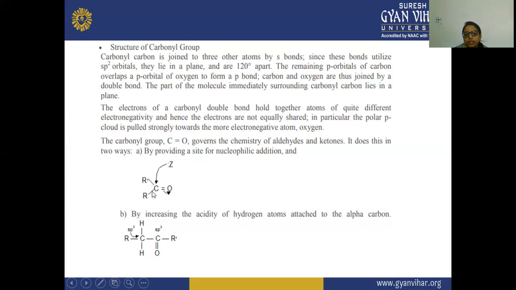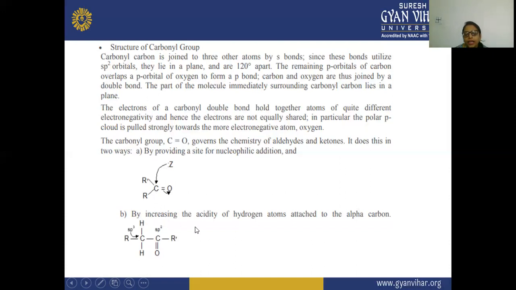So here you can see this carbon has a deficiency of electrons. That is why there can be a nucleophilic addition, so we are providing a site for nucleophilic addition. Nucleophile means it has an electron-donating property, so it will donate electrons to this carbon.